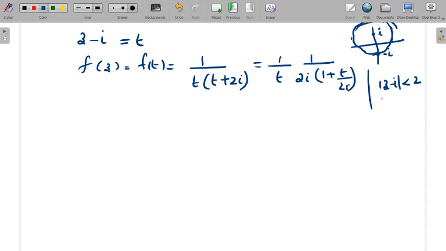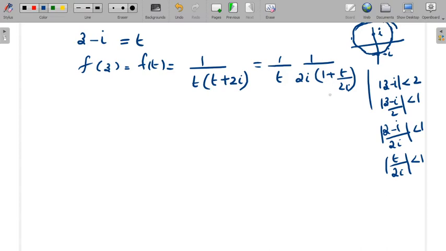Okay. And if mod z minus I less than 2, mod z minus I by 2 will be less than 1. And we know modulus value of I is 1. So mod z minus I by 2I will be less than 1. And we have named the z minus I as t. So this suggests that mod t by 2I is less than 1.